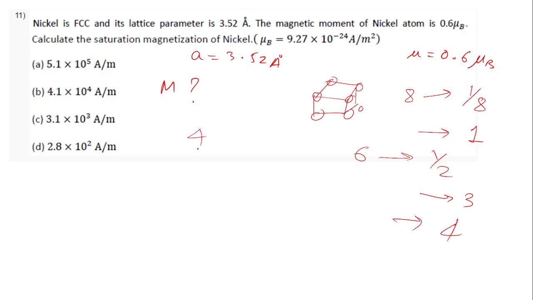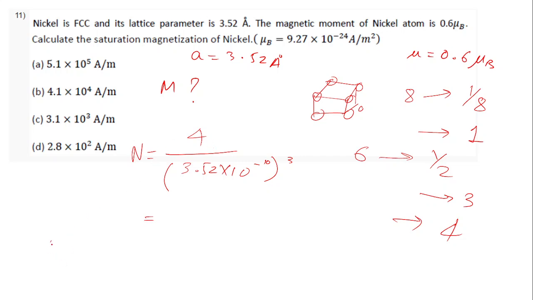So there are 4 atoms, and the volume of FCC will be a cubed, that is 3.52 angstrom, 10 to the power minus 10 meter, and then we take the cube of it. So this will give us the number of atoms per unit volume.